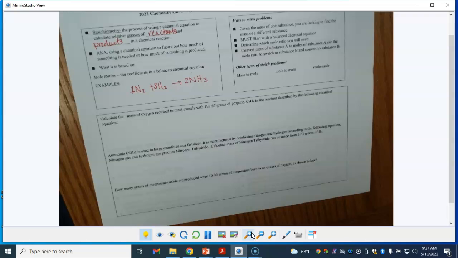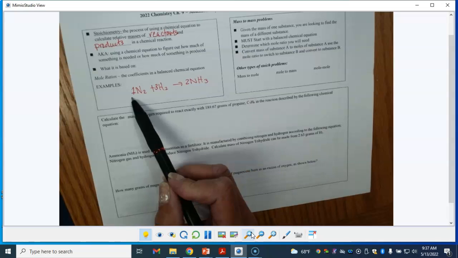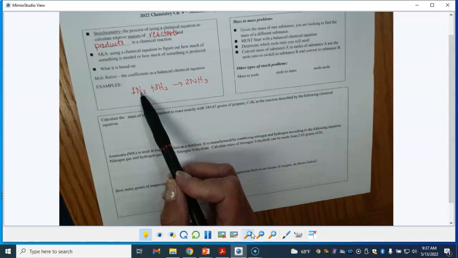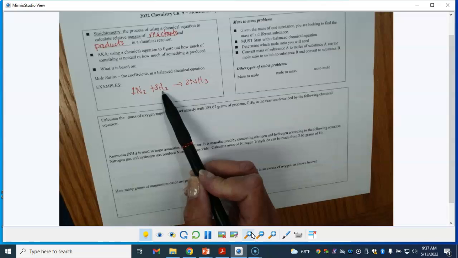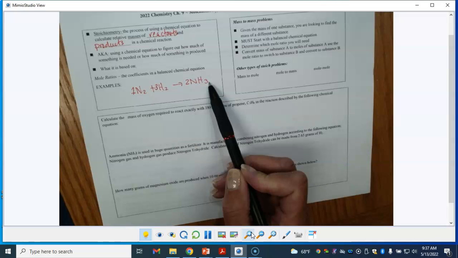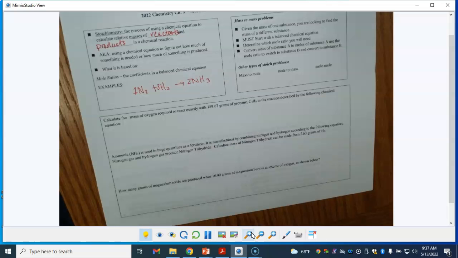So not only does this mean that we have 1 molecule of N2, 3 molecules of H2, 2 molecules of ammonia, it also means that we would need 1 mole of N2 combining with 3 moles of H2 to make 2 moles of NH3. So in reality, we're talking about substances in moles, in large amounts, and not just single molecules.